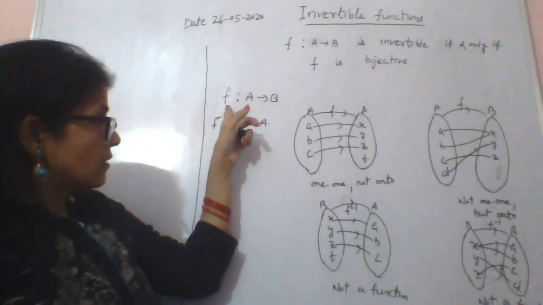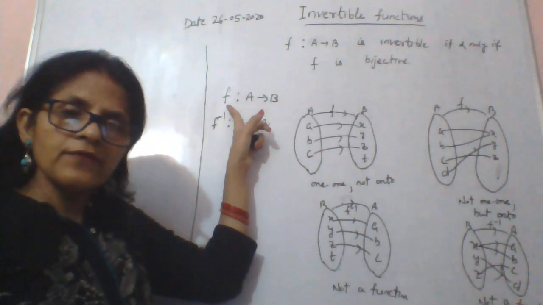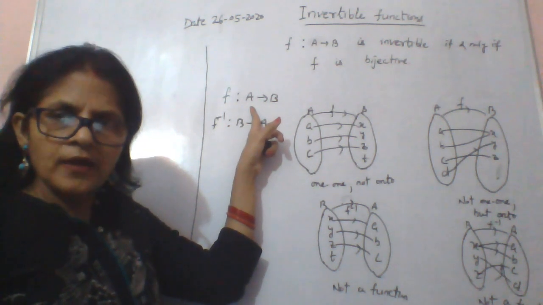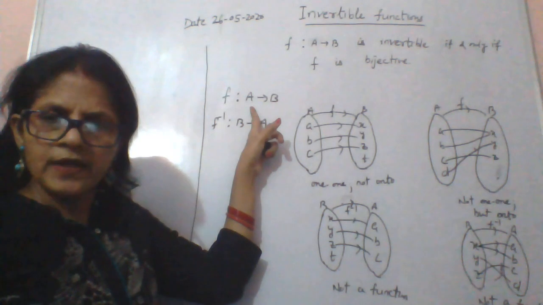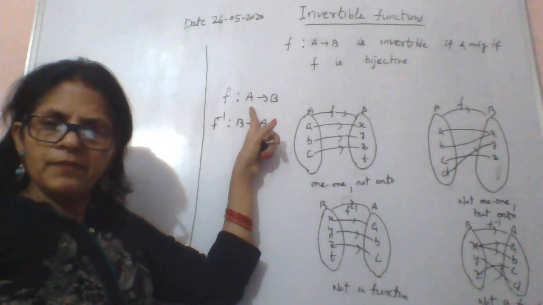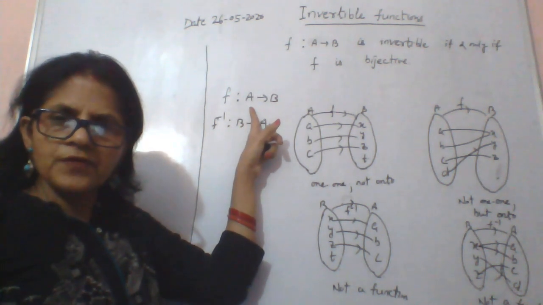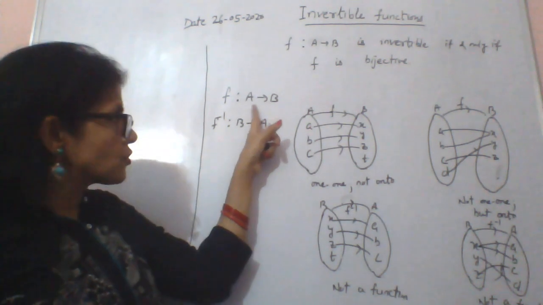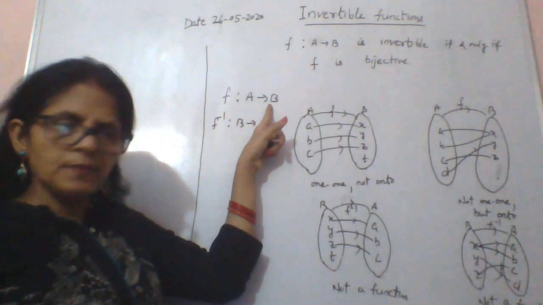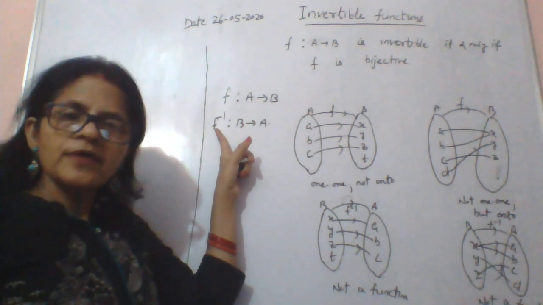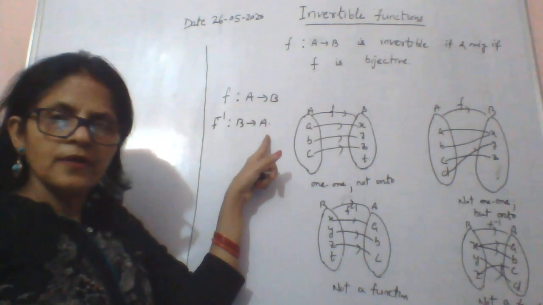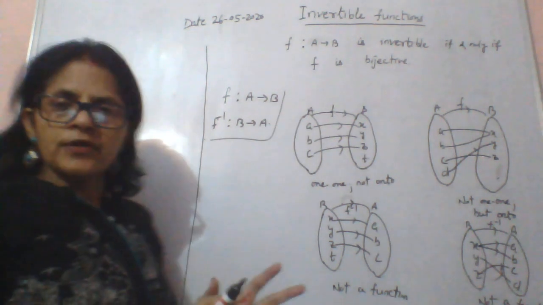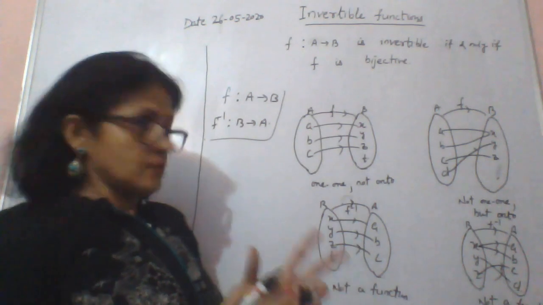So we have studied if f from A to B is bijective, then it is invertible. And invertible function means what? f is invertible means the inverse of the function exists. So if f is a function from A to B and is invertible, f inverse is a function from B to A. And you know the conditions; I am not going into those details now.